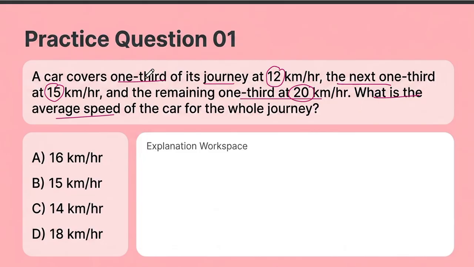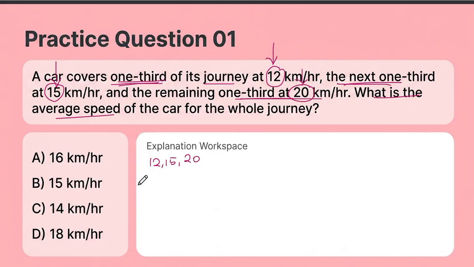This car covers the first one-third, second one-third and the remaining one-third, so the distance is divided into 3 equal parts and we can apply this short trick. The speeds are 12, 15 and 20.